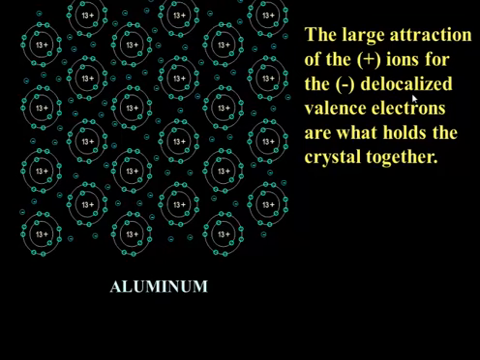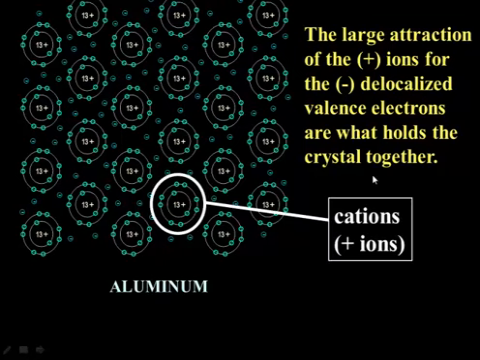Now, this is not the attraction between positive and negative ions, cations and anions, or between the nucleus and shared electron pairs, as in a covalent bond. Now we're talking about the electrostatic attraction between the free-moving valence electrons and the metallic cation.